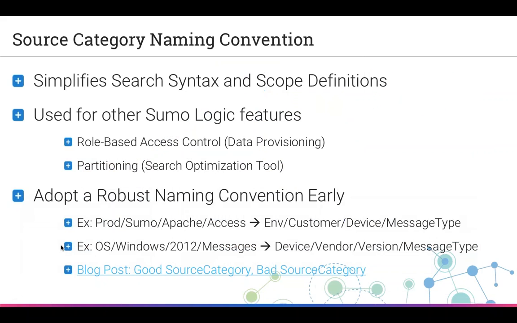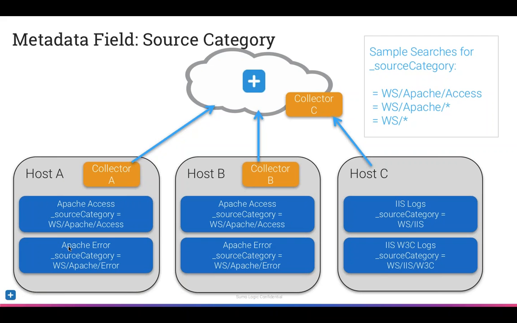I've added the source category for Apache Error as well, as you see here. For host B, I've named that source category the same as host A. But for host C, I've named it slightly differently to be specific to IIS. What you're noticing is that I'm going from broad, in this case a web server, all the way to specific. So web server, Apache, and what kind of Apache files? Well, this is my access file versus my error file.